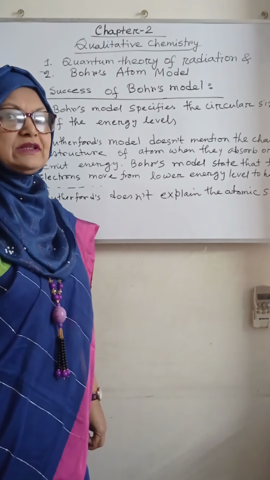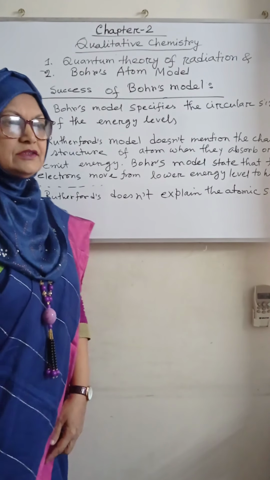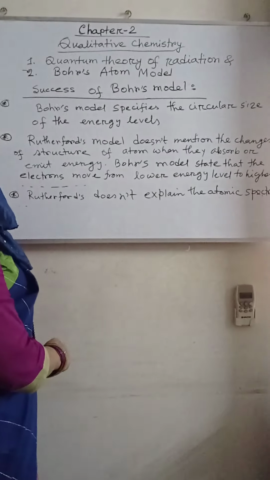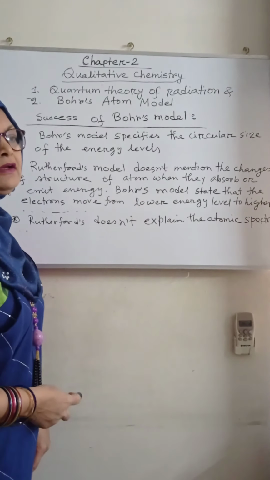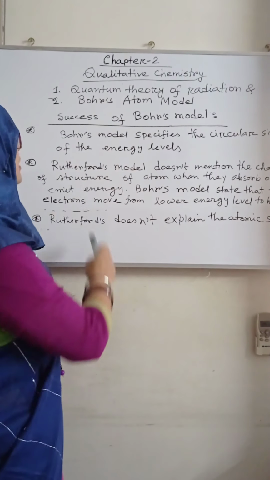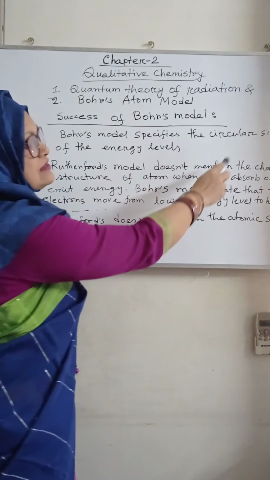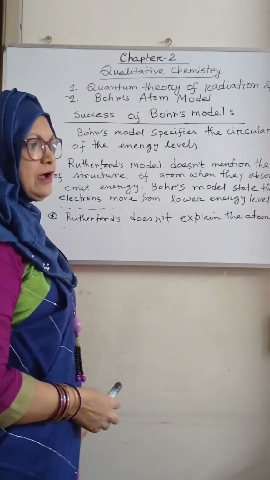Bohr's atom model has many successes, and one is that Rutherford's atomic model cannot mention the shape and size of energy levels, but Bohr's model specifies the circular shape of energy levels.